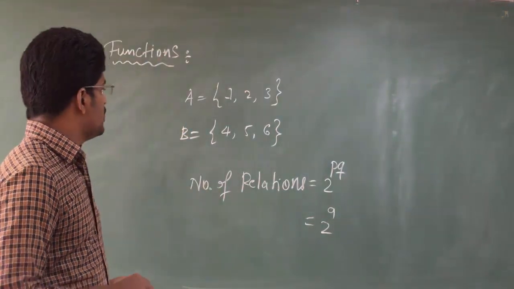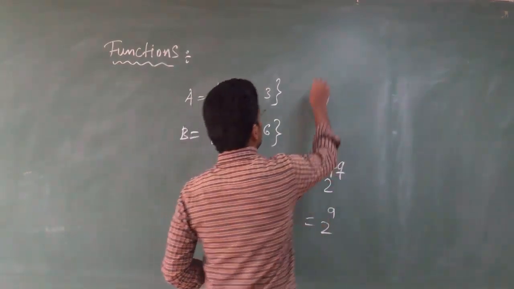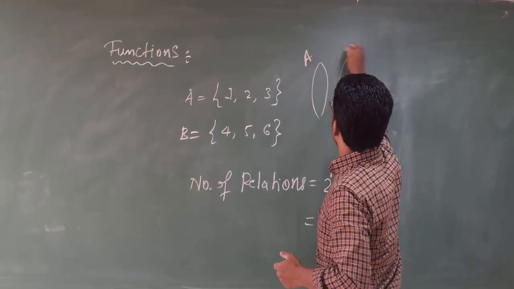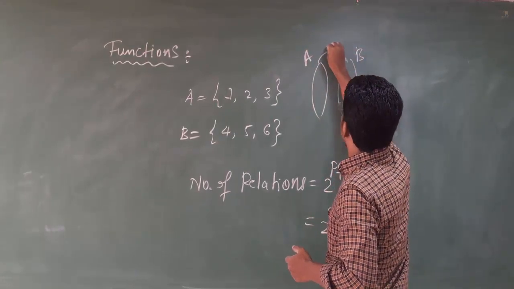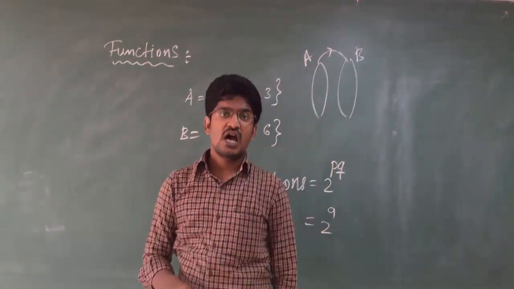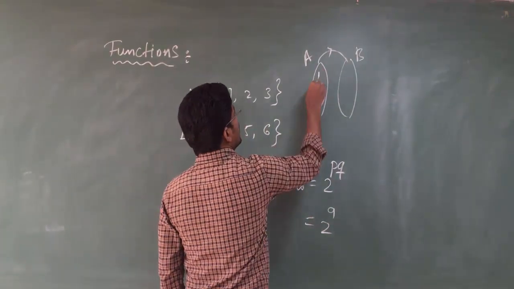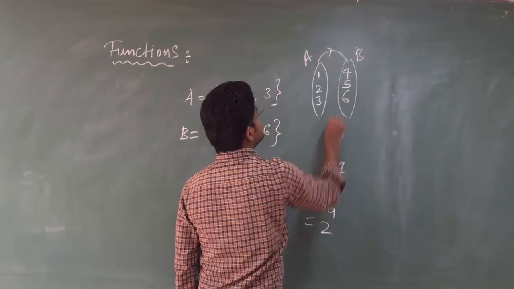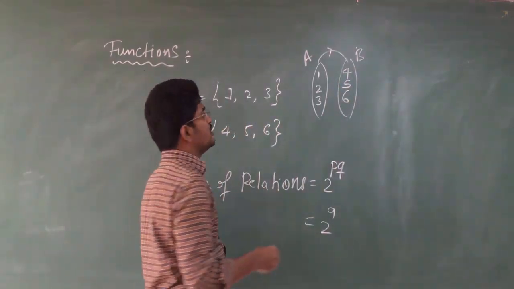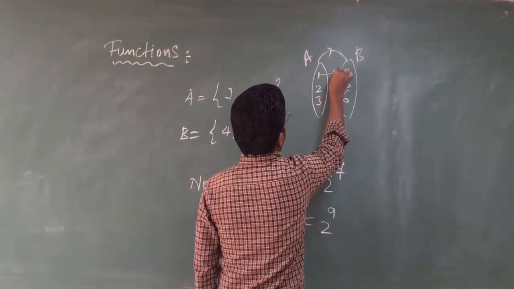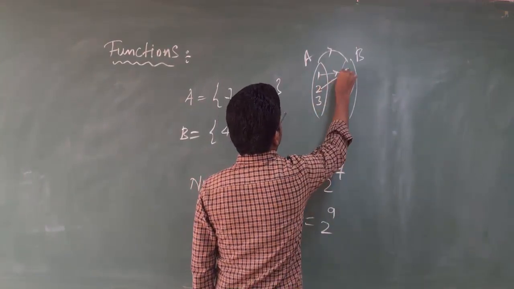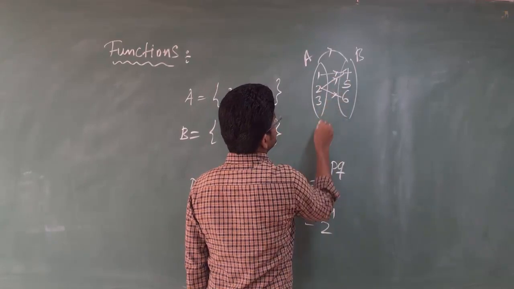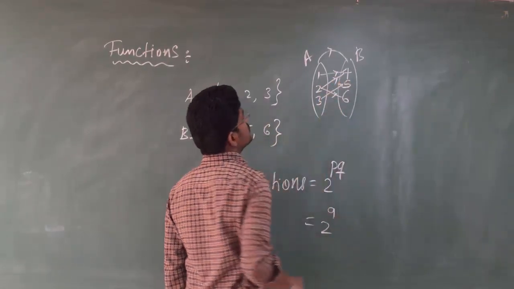Okay, now I will draw one arrow diagram first and let us check whether it is going to be a function or not. I will choose 1, 2, 3, 4, 5, 6 and define a relation. 1 goes to 4, 2 goes to 4, 2 goes to 6, 3 goes to 5.